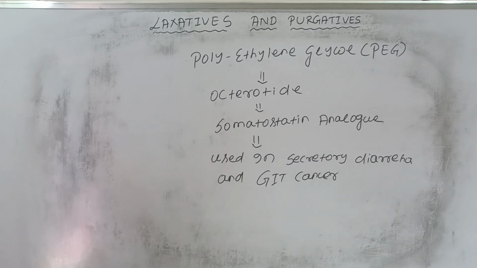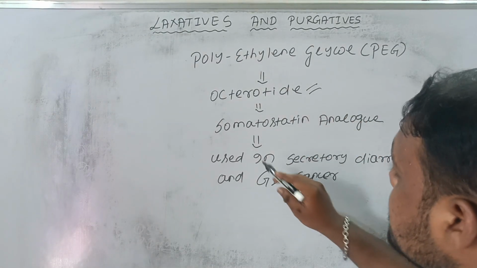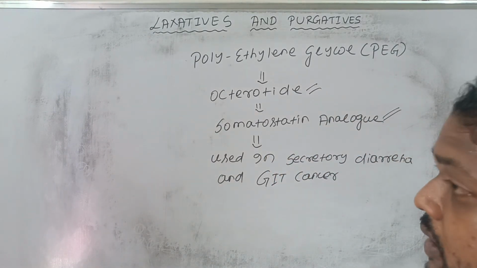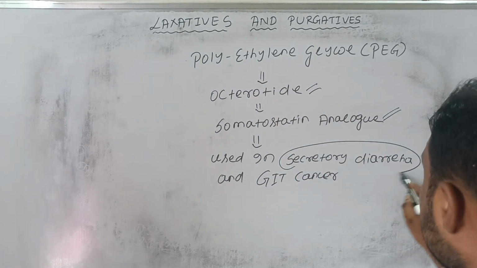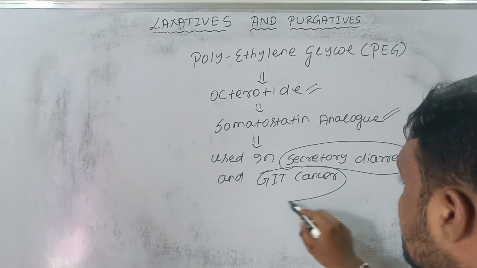The octreotide is a somatostatin analog used in secretory diarrhea and GIT cancer.